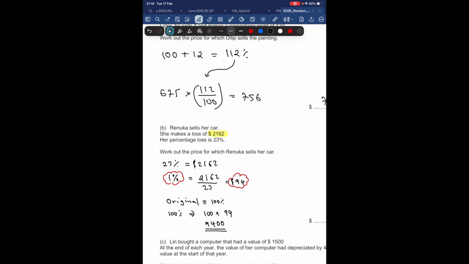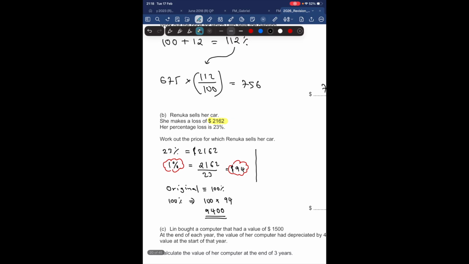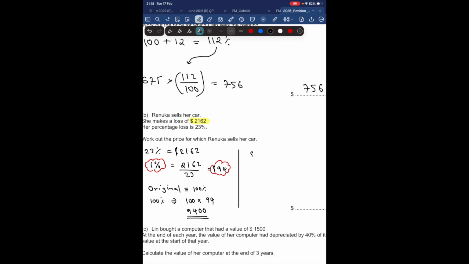Now I'm going to draw a little column line going down. So the question's asking us to figure out, how much does she actually sell the car for? So if the original price of the car was $9,400 and she made a loss of $2,162, then the selling price of the car can be calculated by just doing a simple subtract.